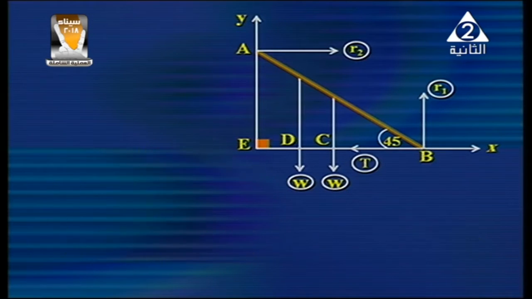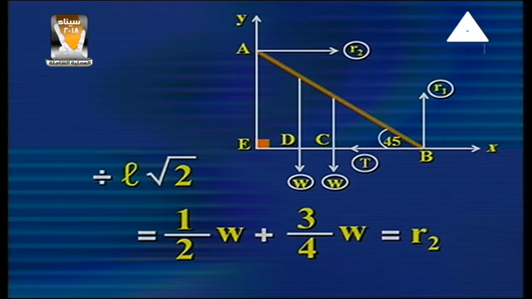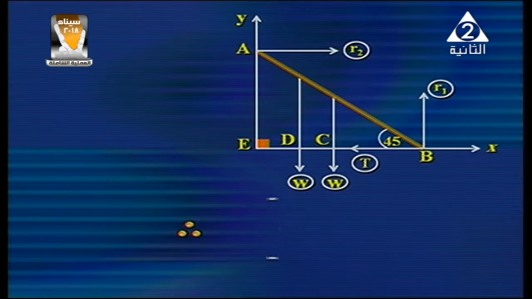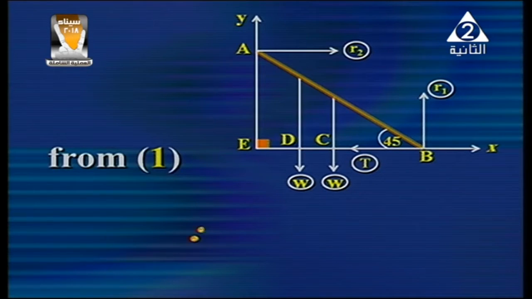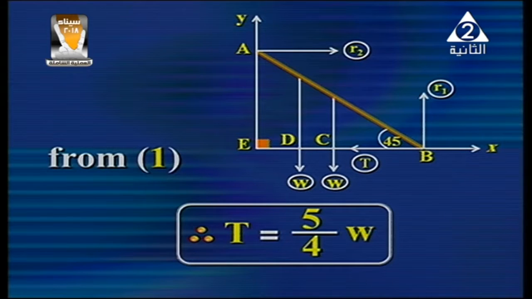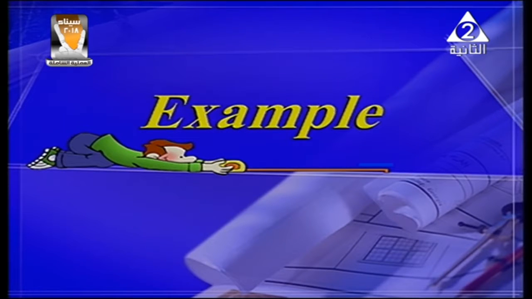Dividing by L root 2, half W plus 3/4 W equals R2, then R2 equals 5 over 4 W. From equation 1, by substitution, T equals 5 over 4 W. This is the tension force. Now we move to another example.